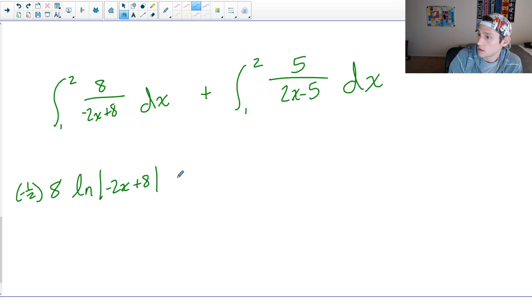Okay. And then here, 5 natural log of 2x minus 5. And consider the chain rule. So derivative of 2x is 2, so that would be 1/2.